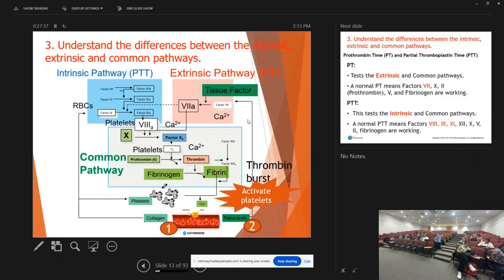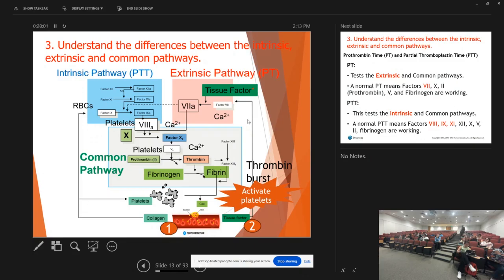Another thing I wanted to mention is that thrombin bursts happen, because you don't want only a little bit of thrombin, you want a ton of thrombin. For factor 10 there's a positive feedback. You have to produce a lot of factor 10 so that you produce a lot of thrombin.